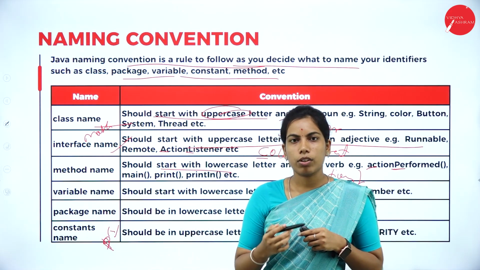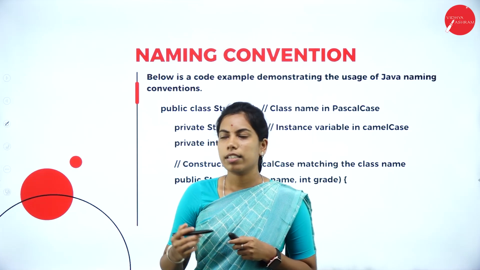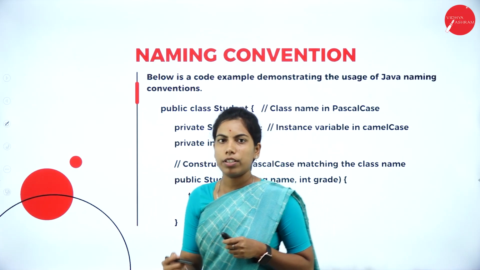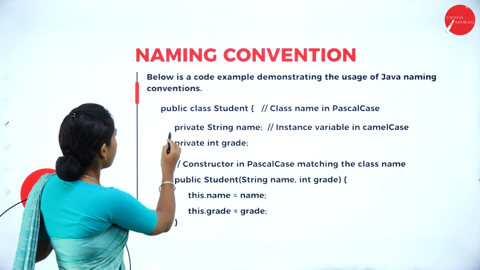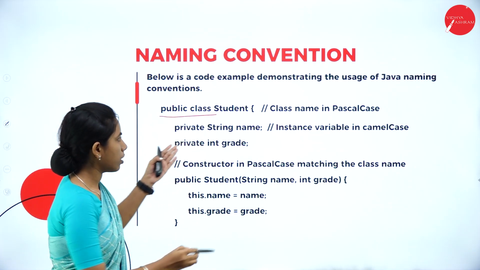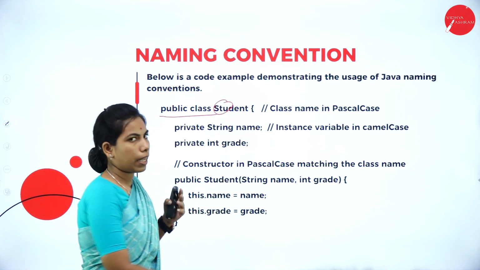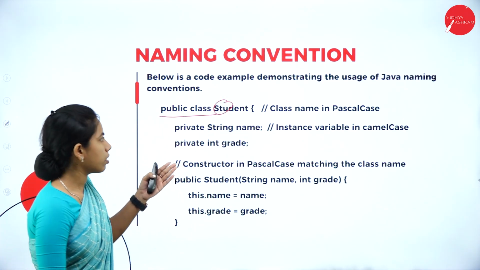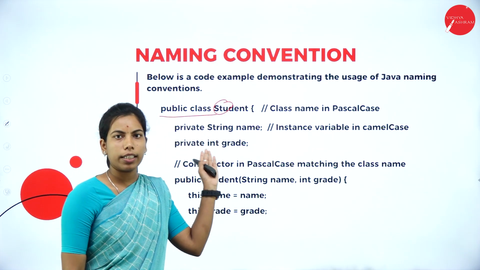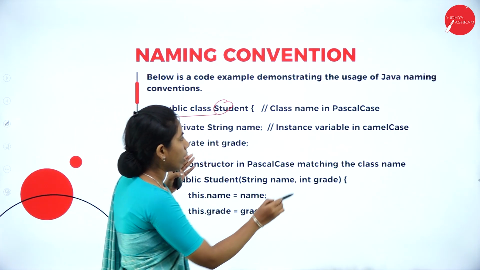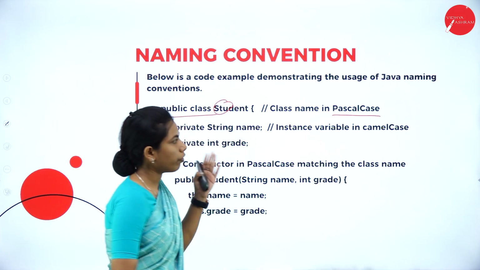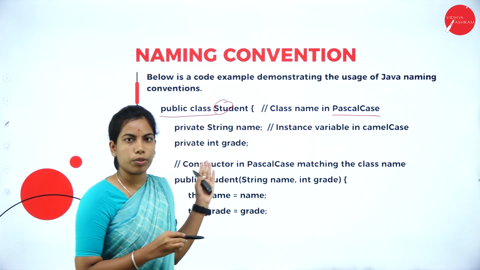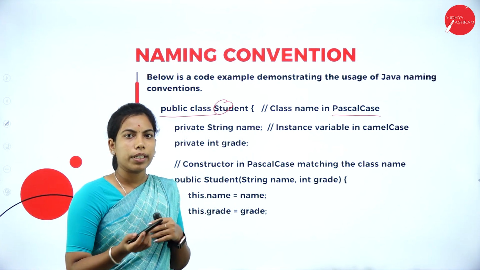Through the example code you can get to know. So here you can see a simple code for the naming convention. Here you can see public class Student, Student is the class name. It is in Pascal case. Pascal case is nothing but the first letter should be a capital letter, and if two words are combined, the first and also the second word should start with a capital letter.